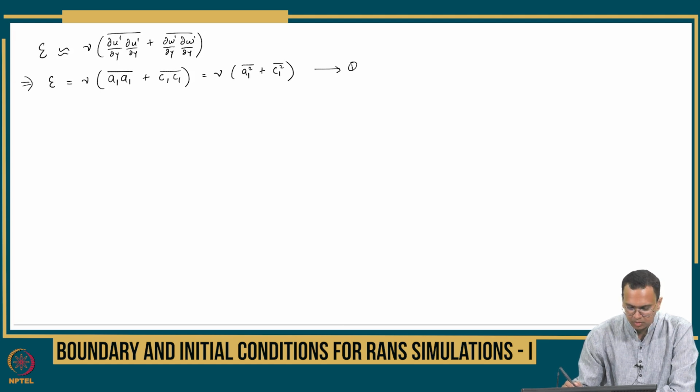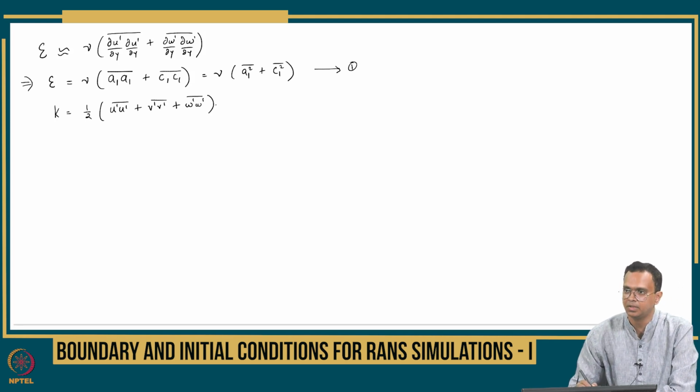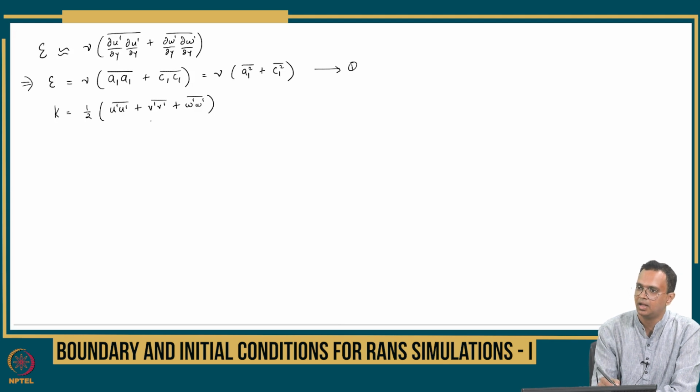Okay. So, now we take turbulence kinetic energy K, which is half of u prime average plus v prime average plus w prime average. Again here same condition, the VRMS has to be much smaller than the u and the WRMS, right.